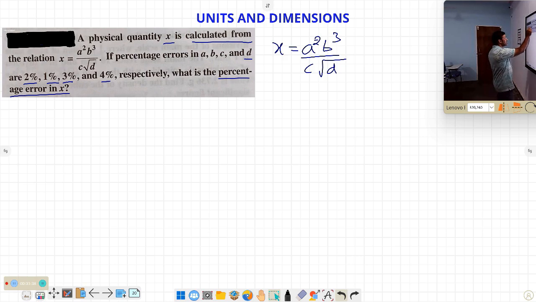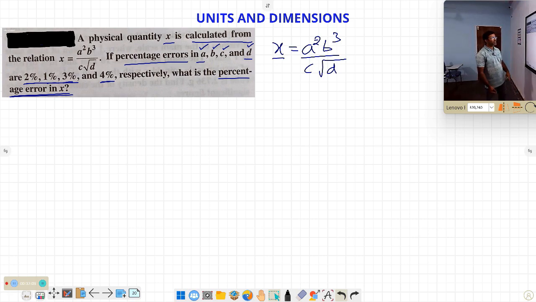If the percentage errors in the a value, b value, c value and d value are 2%, 1%, 3%, 4%, what is the percentage error in the x value? You already know that x is expressed in terms of a, b, c, d, which means the error in the x value is due to a, b, c and d.